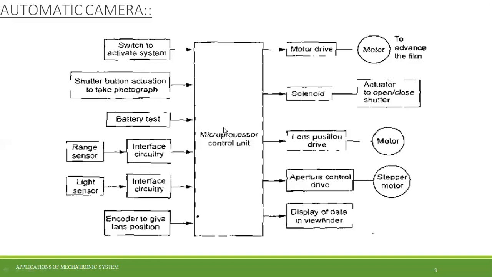When the controller gives the signals, the processor will do the corresponding actions by activating the motor drives and lens positions, which need to be actuated in the form of actions. These actions are performed by actuators, and the microprocessor gives signals to the corresponding actuators to operate in such a position. That's the major idea.